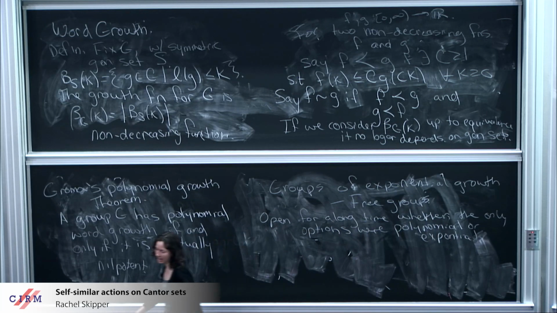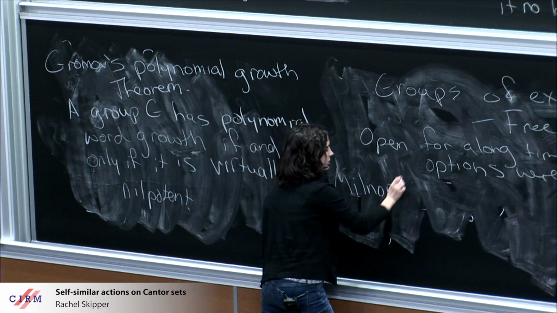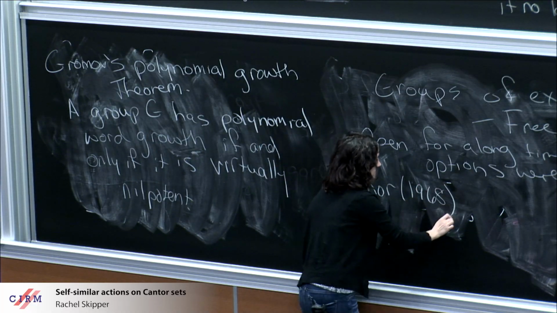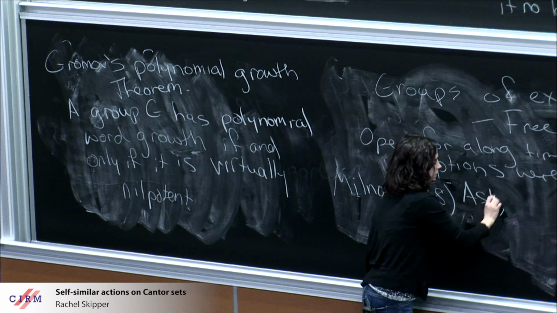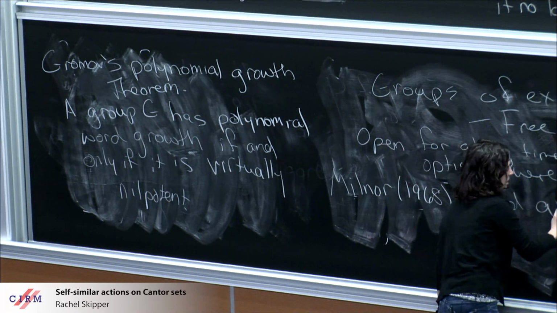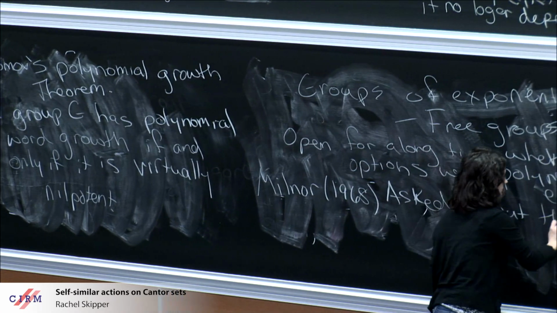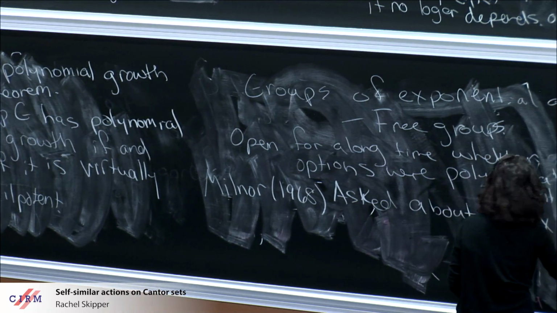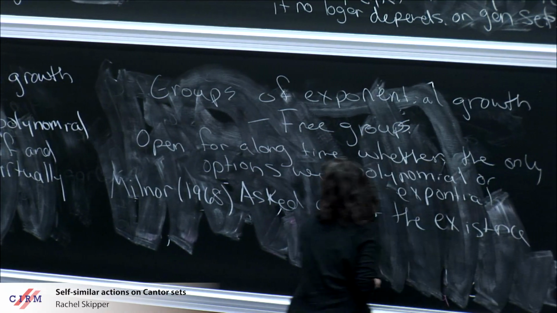It was officially asked by Milnor in 1968. Milnor, in 1968, asks explicitly about the existence of groups of intermediate growth.